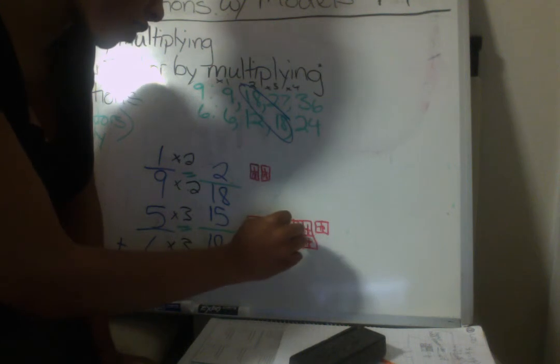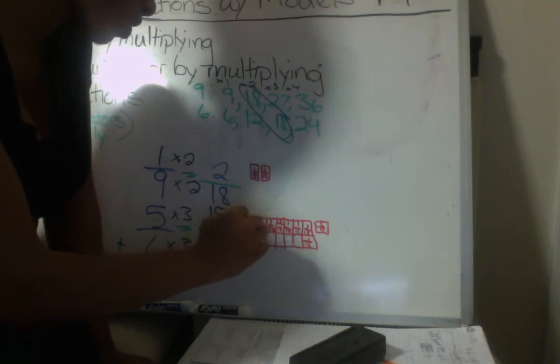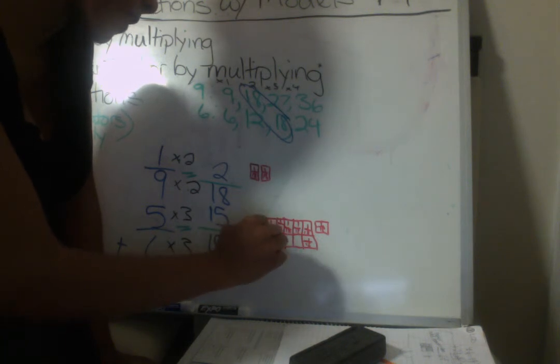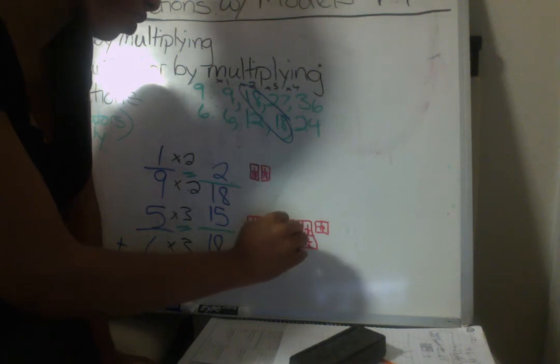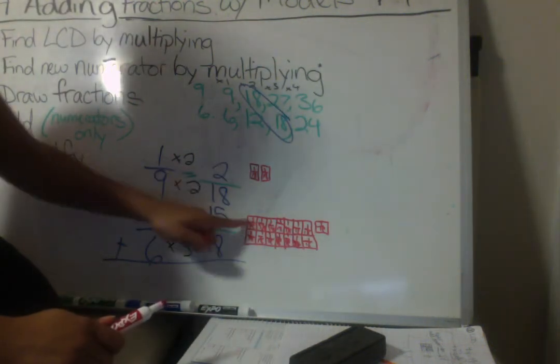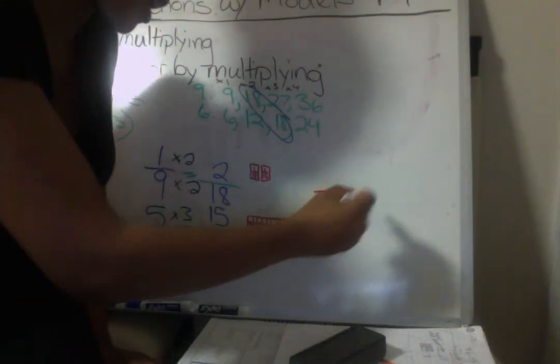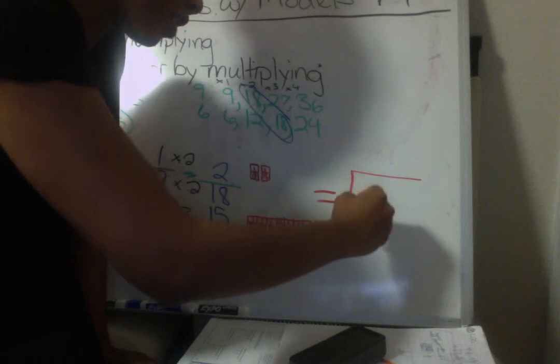Just remind yourself, these are not wholes, these are fraction pieces. And it's 1 of your 18th. So if I have 15 here and I add 2 more, 15, 16, 17. So that means I have a total of 17 little pieces.